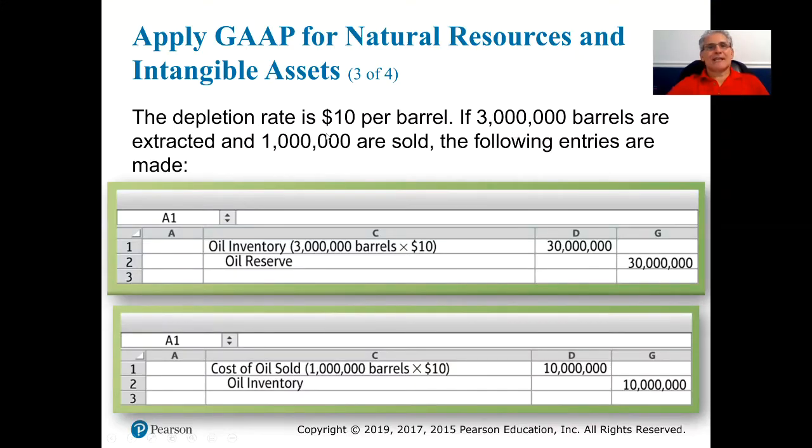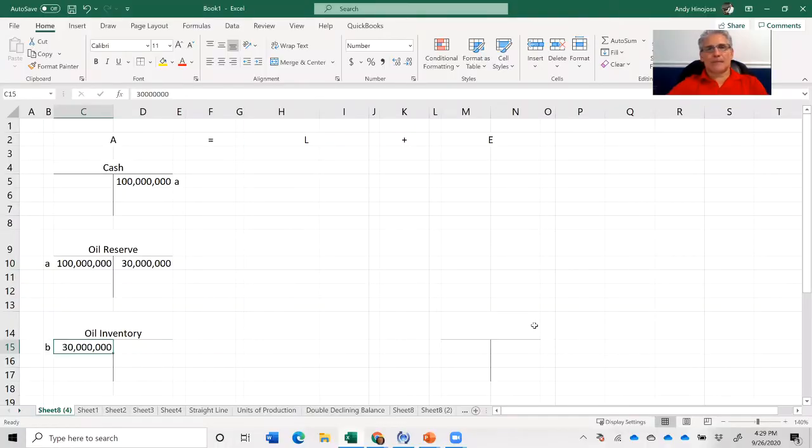Then it goes on to say that 1 million are sold. So 1 million times the original cost of $10 is $10 million. That's going to go to cost of goods sold, and we're going to credit the oil inventory for 10 million. So under equity, as an expense, there's going to be the cost of oil sold.